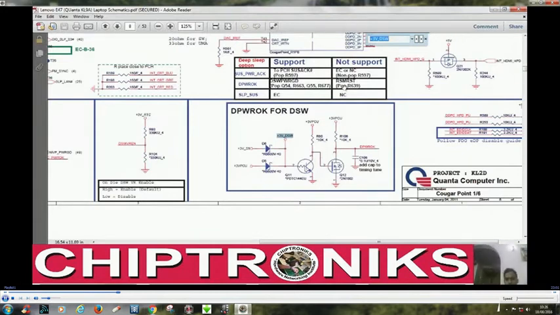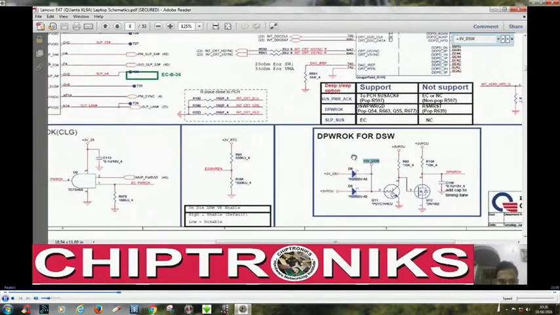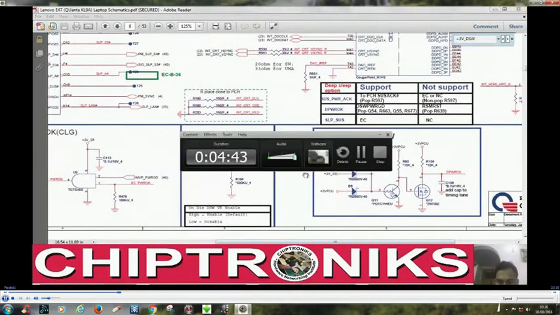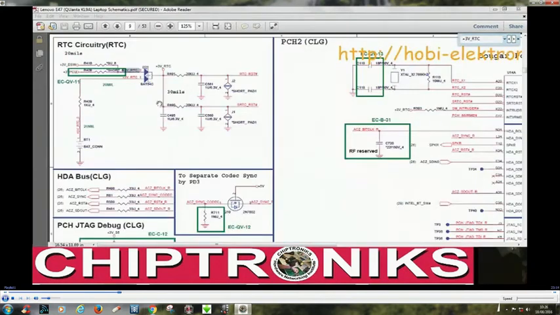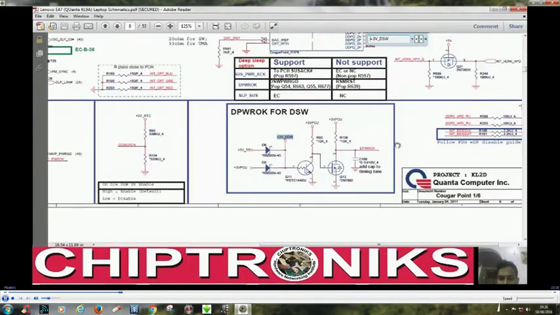So how is this plus 3V underscore DSW generated? Okay, so we have seen how this plus 3V PCU is generated, and we can also see how this plus 3V underscore deep sleep well, this plus 3V underscore DSW, is coming from here.